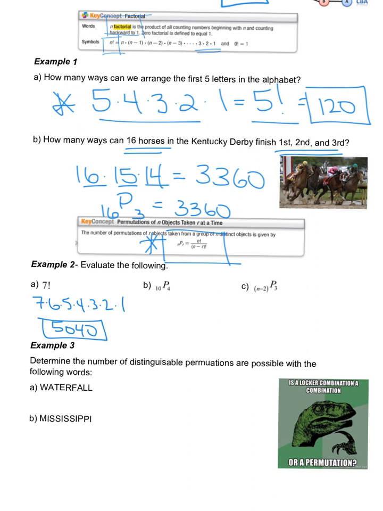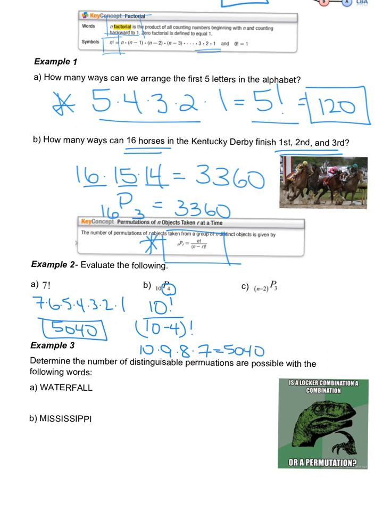Keep in mind, 10 is where we start counting. The second number is how far out we go. So you're welcome to write it according to the formula, or you could shorten it up and just say 10, 9, 8, 7. The reason I stopped at the 7 is I cared about 4 positions.